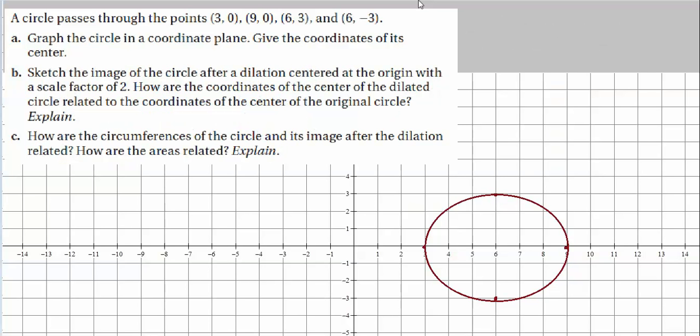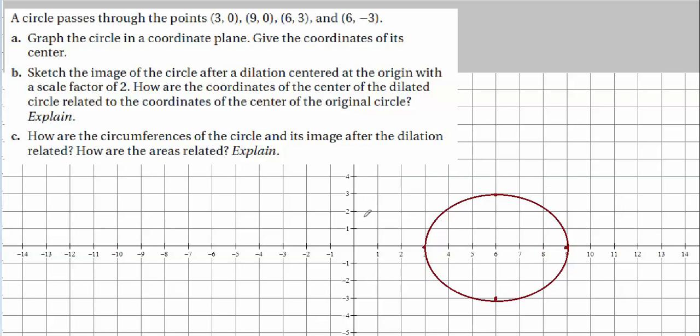Now in this problem they gave us some points that lie on the circumference of a circle, and they asked us to graph the circle. I went ahead and did that. This grid that I've drawn, the horizontal markers are a bit larger than the vertical ones, so I could fit them in.